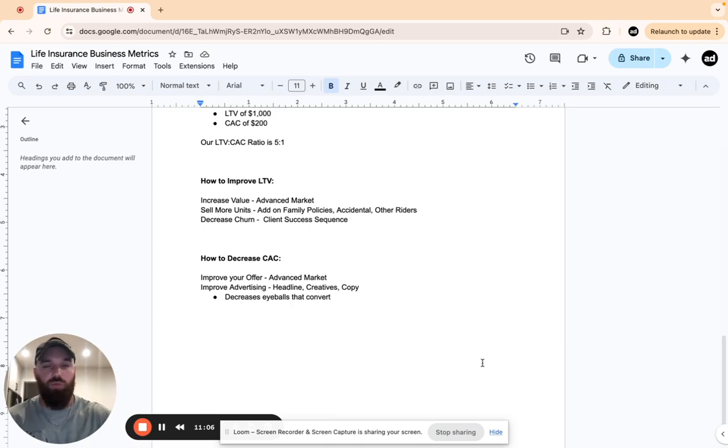The next piece would be improving advertising. This is done in a variety of different ways, and this is actually what we specialize in. Over the course of the past several years, we've been perfecting and developing headlines, creatives, copy, and winning advertising systems that effectively decrease the resistance of eyeballs seeing your stuff, going through your pipeline, and converting into new paying clients in your business.